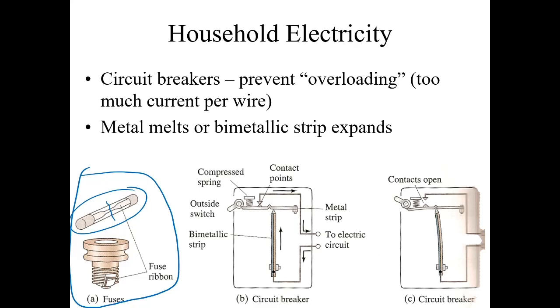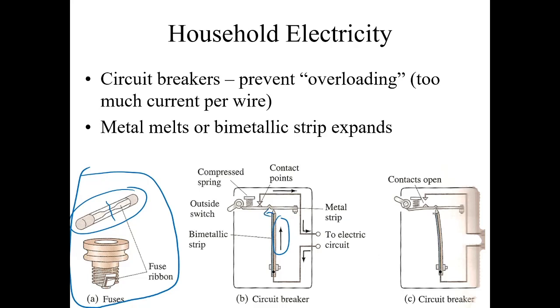More modern ones look like this. They're a box, and they have a switch on the outside of them. And they have what's called a bimetallic strip, so it's two types of metals. Not all metals expand at the same rate. Some expand a lot when you heat them, and some don't at all, or very little. So what happens here is when this gets too hot, this gold or bronze colored strip expands more than the other one.